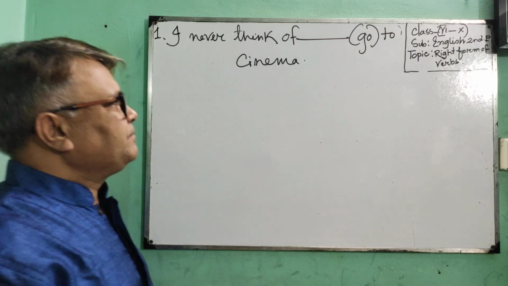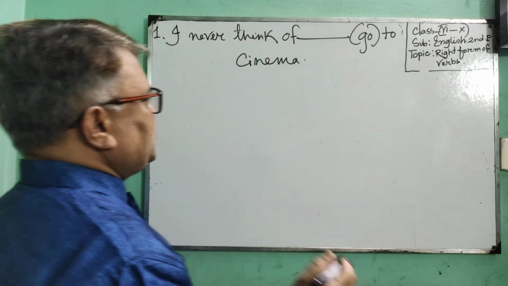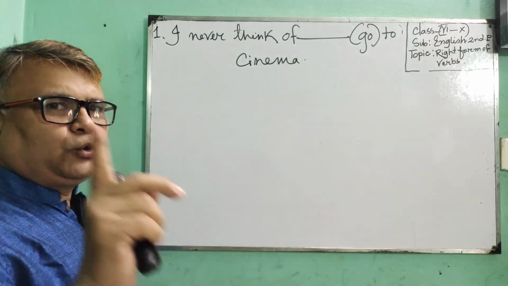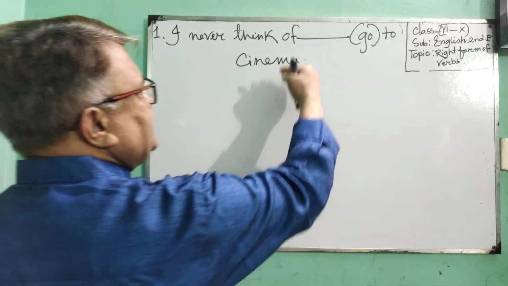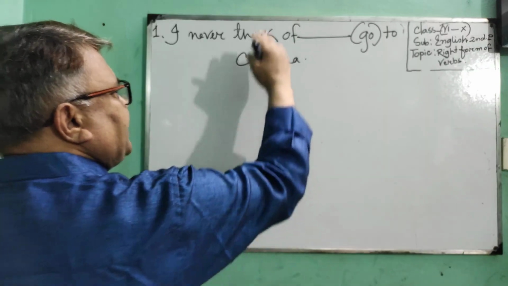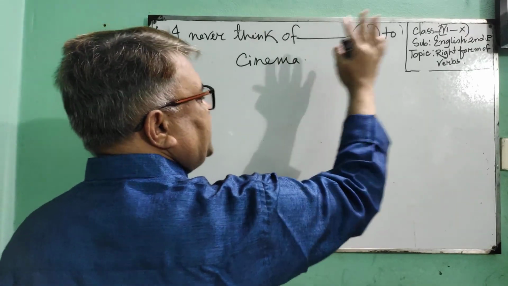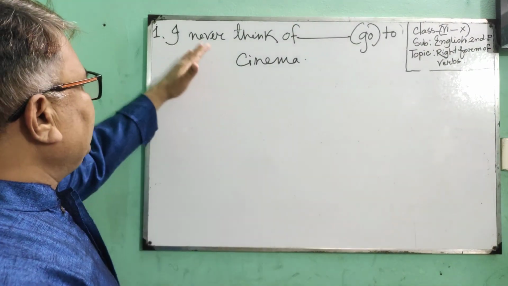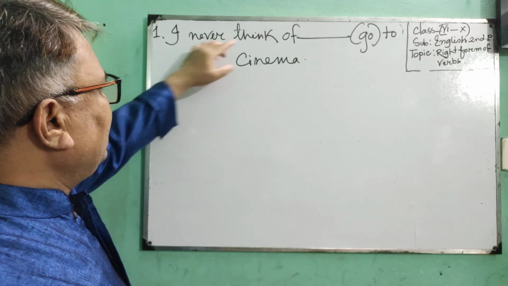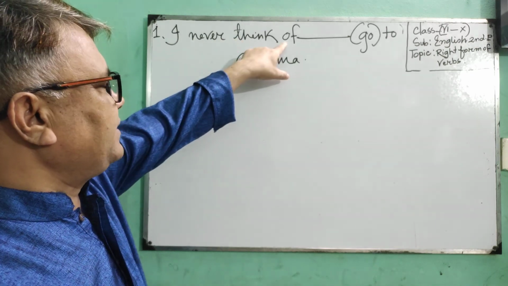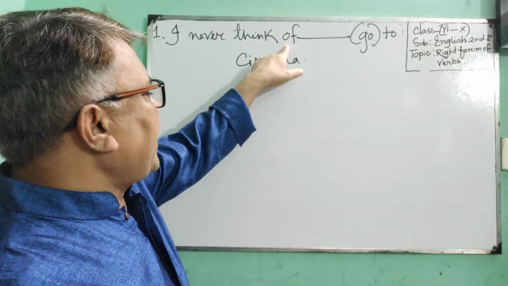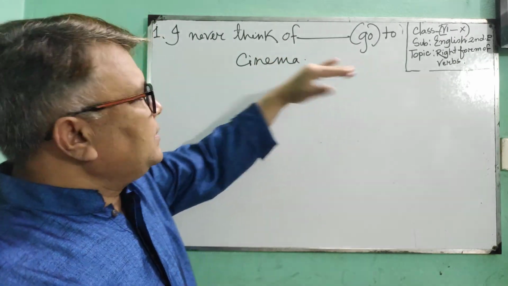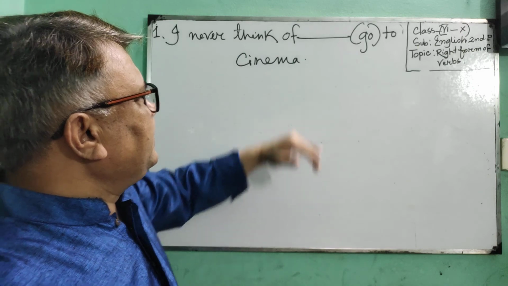Dear learners, in previous time I told you, if you find any kind of preposition without to in any sentence, after the preposition the verb should be gerund. So in this sentence we have found a preposition, and after the preposition there is a verb.